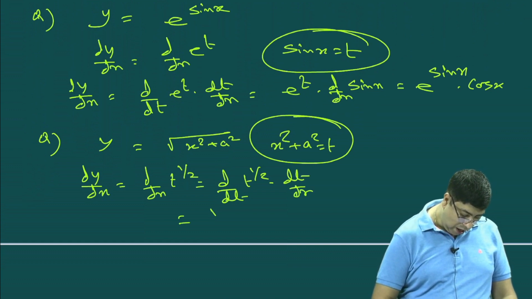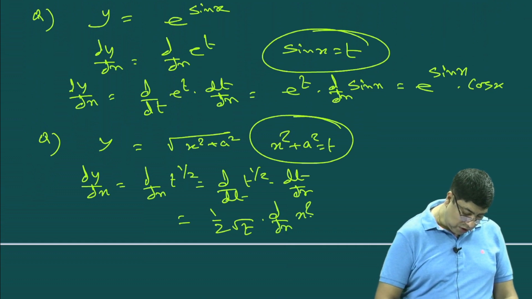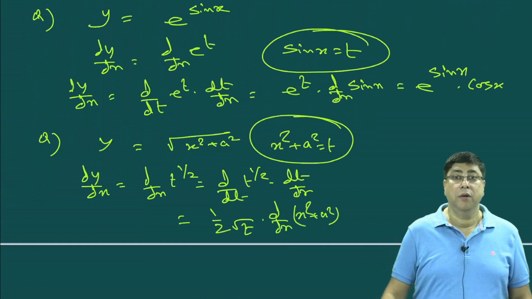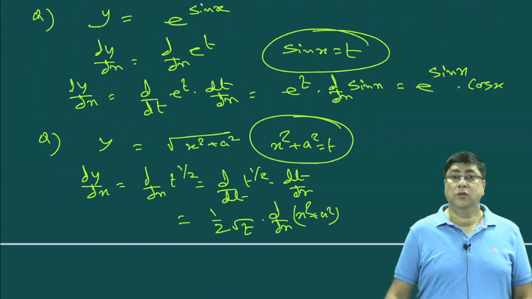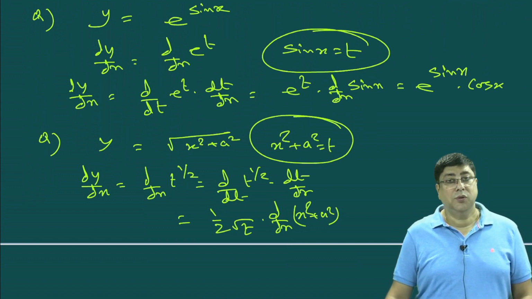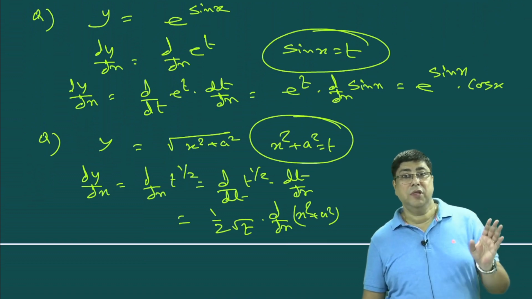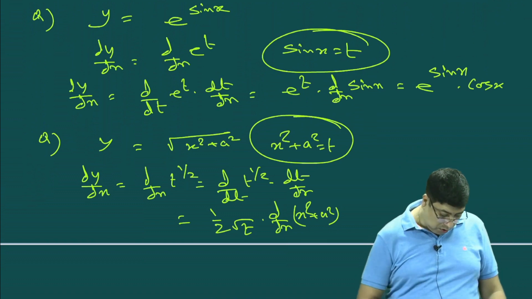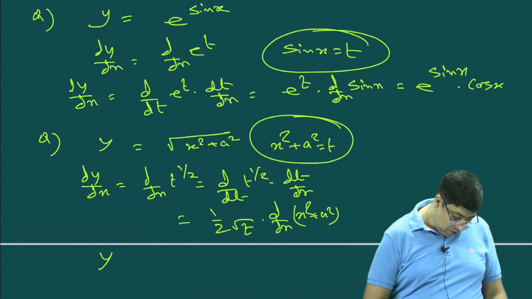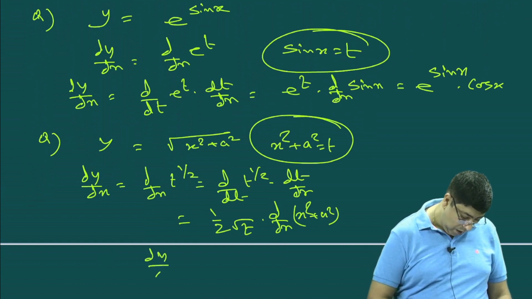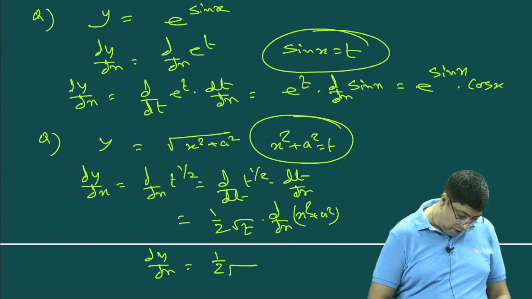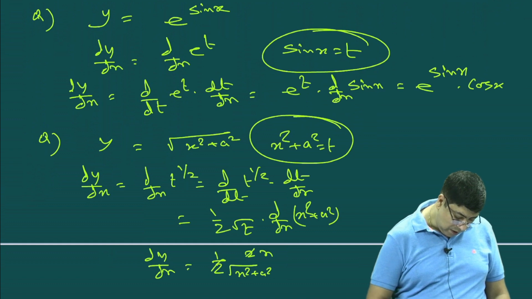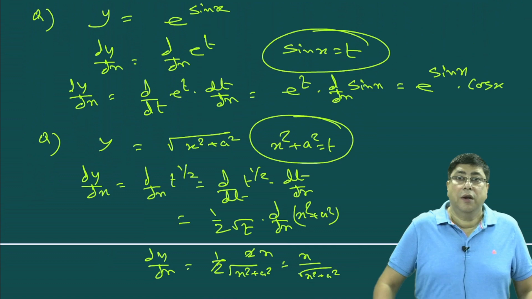So we are getting half t to the power minus half into derivative of x square plus a square. Here a is a constant number. So the derivative of x square is 2x and the derivative of a square is 0, because except x everything is constant. So the final answer is dy dx equals half denominator root over x square plus a square into 2x, 2 cancels, that is x by root over x square plus a square. We are getting like this.